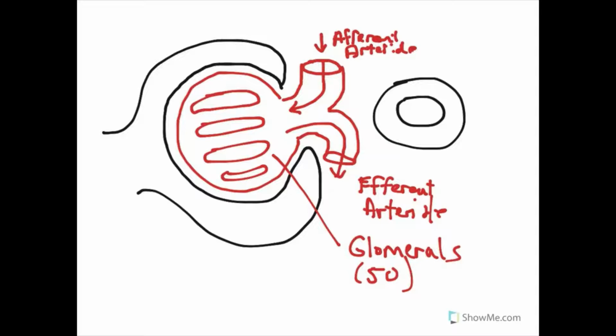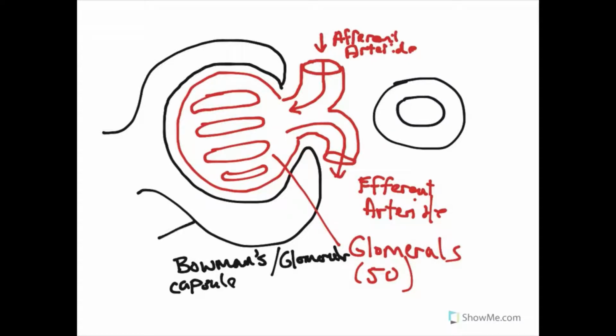Now, also around it, we have what is called the Bowman's capsule, also called the glomerular capsule, which surrounds it. There are two layers to the glomerular capsule.